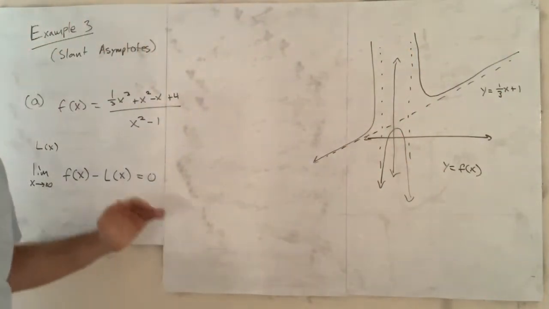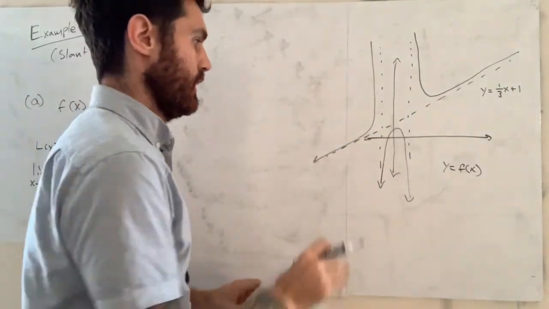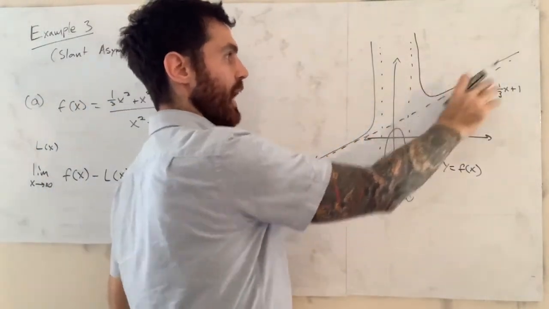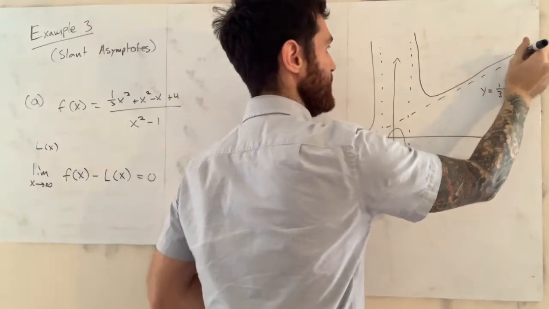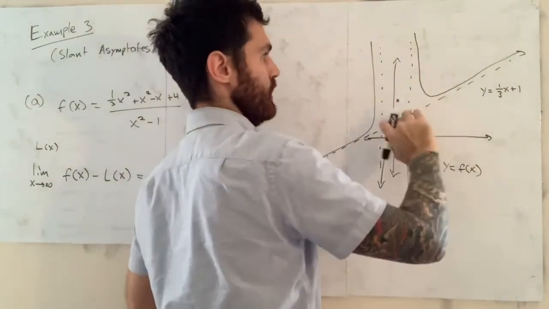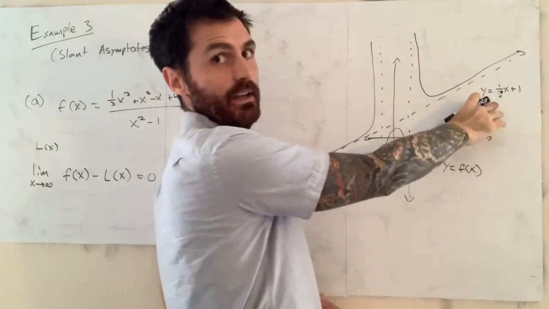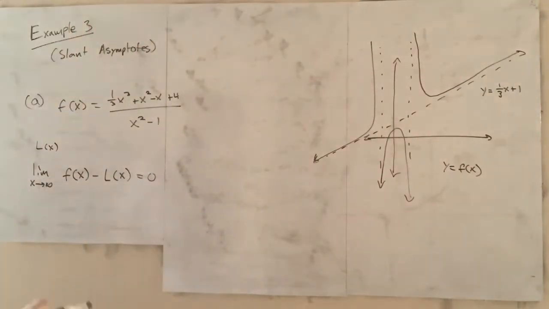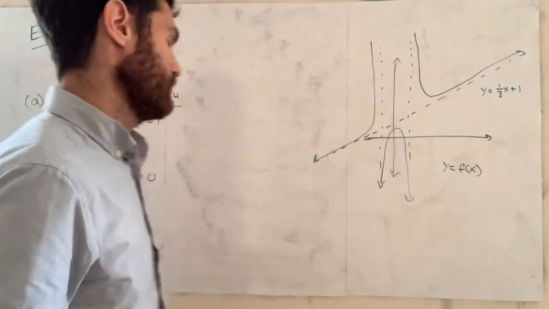And notice how when you shoot off to infinity, the path the graph takes gets closer and closer to this line here. That's the idea behind a slant asymptote. It asymptotically gets closer to that.